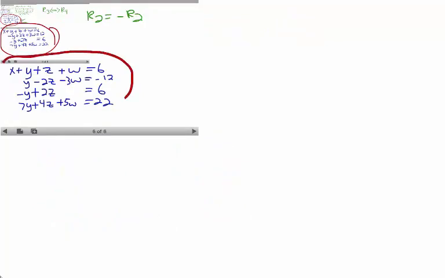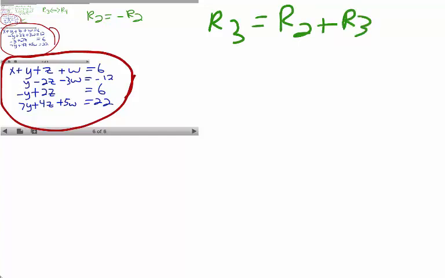So working with our most recent system, and moving on to our next step, we have row 3 equals row 2 plus row 3. So we're adding row 2 and row 3 and storing it in row 3.